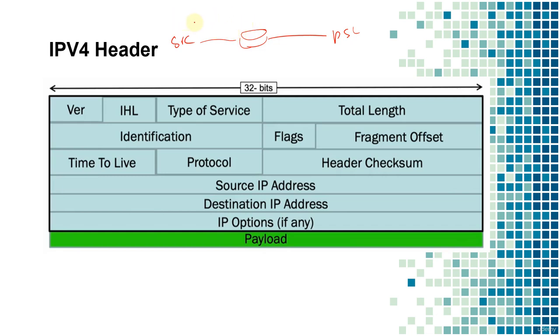For example, the data size is, let's say, 1500 bytes, and let's suppose this router is capable of handling only 500 bytes of data.